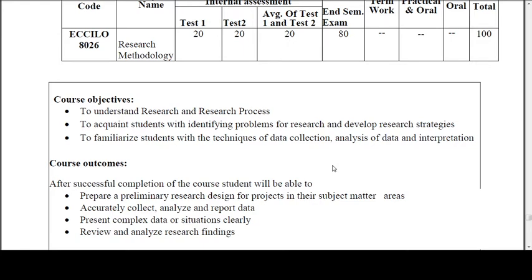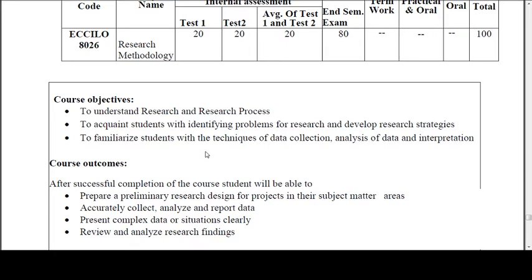And the third course objective of this subject, to familiarize students with the techniques of data collection, analysis of data, and interpretation. So basically the objective of this course is to develop the research culture in graduation students or undergraduate students as well as postgraduate students.